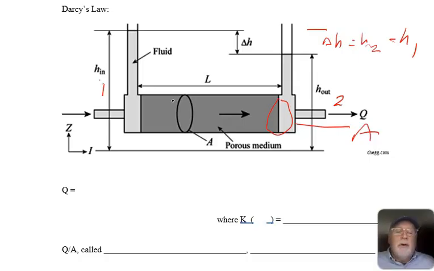It says that the flow is equal to, and I'm going to skip some space here, I'm going to put some more stuff in there in a second, H2 minus H1 over L. That's the hydraulic gradient. So the little bracket thing, that's the hydraulic gradient.